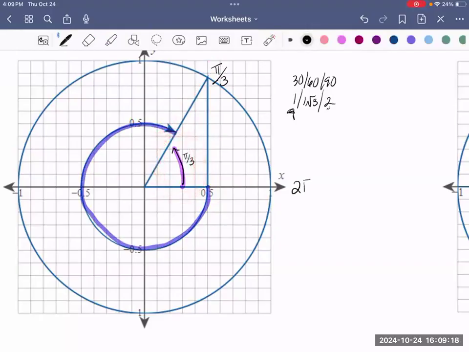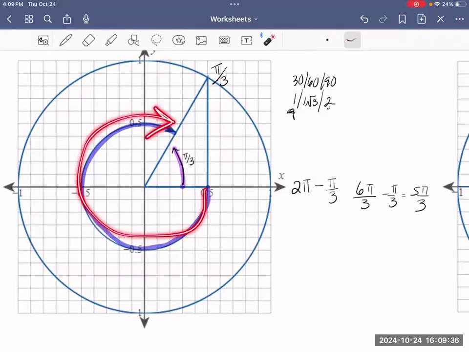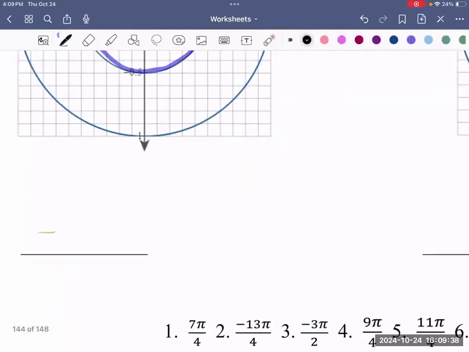So we can say 2 pi minus this pi over 3, to then get, well, actually, we want to change your units, right? 6 pi over 3 minus pi over 3 to make 5 pi over 3. And again, the direction is negative. Therefore, we should have a negative 5 pi over 3.